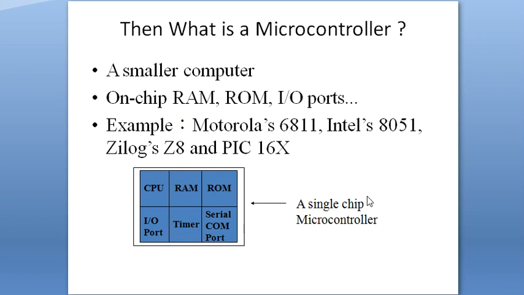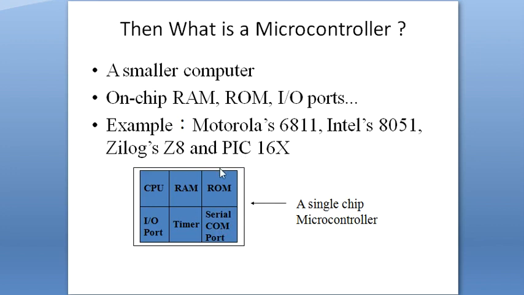Then the next thing is, what is a microcontroller? A microcontroller is a smaller computer, as you can see here. It can be imagined as having a central processing unit, memories like RAM and ROM, then IO ports, timer and serial COM port connected.